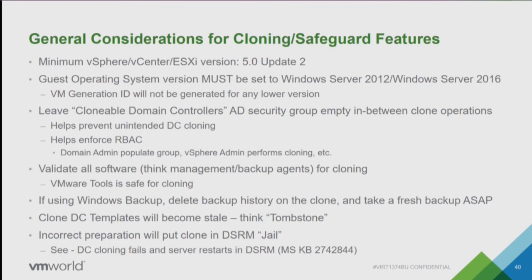In a DR situation where you're replicating your domain controllers to an off-site DR site, and you have a catastrophic failure at your primary site, and you try to bring up all these domain controllers that you had waiting cold, what do you suppose will happen when you try to do that? We mentioned that they have to be able to at least get in touch with one domain controller to be able to get a new seed, a new RID pool. What if there is no domain controller to service that request?